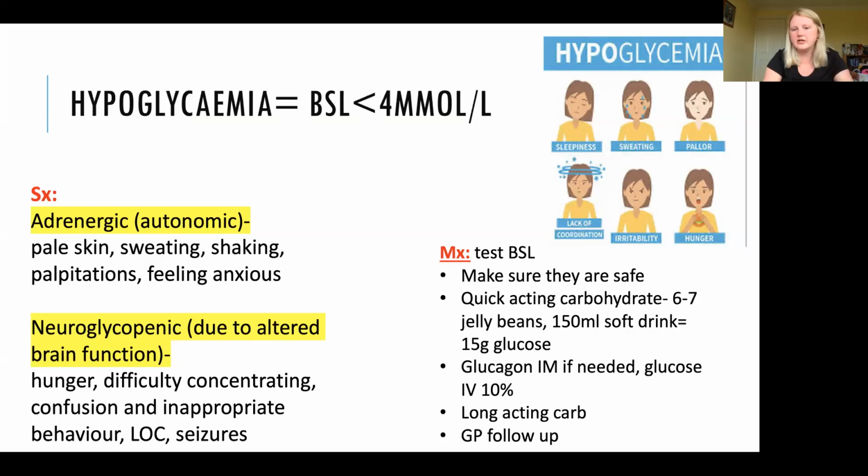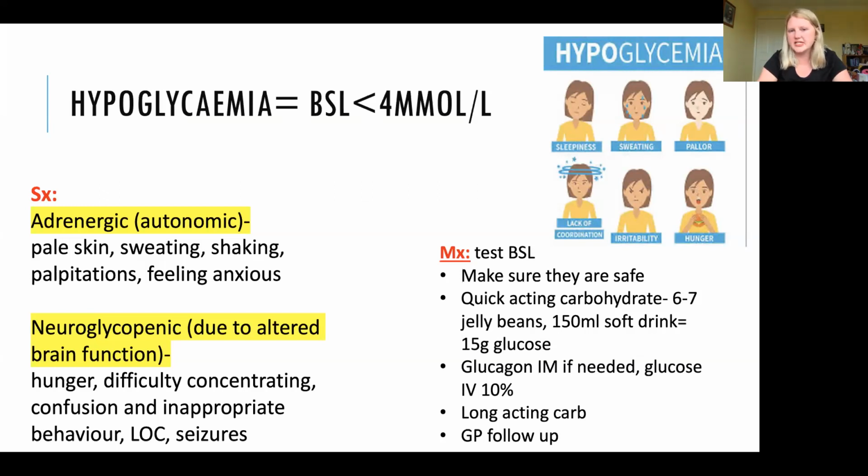They can also carry glucagon intramuscular injections, which come in a little kit that can be given if it's severe symptoms. After they give themselves that, they still need a longer acting carbohydrate, such as a sandwich, to prolong that control of their sugar.